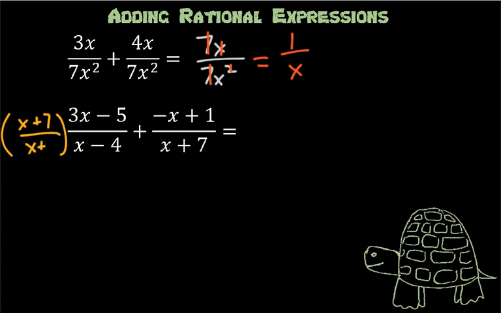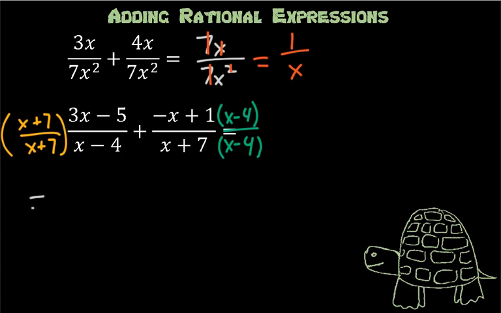So we can only multiply by a special form of the number 1. And then we take this denominator and multiply it by this one. So we're going to multiply this by x minus 4 over x minus 4. And notice in this one I did one big set of parentheses, and this one I did a set on top and bottom. Doesn't really make any difference.